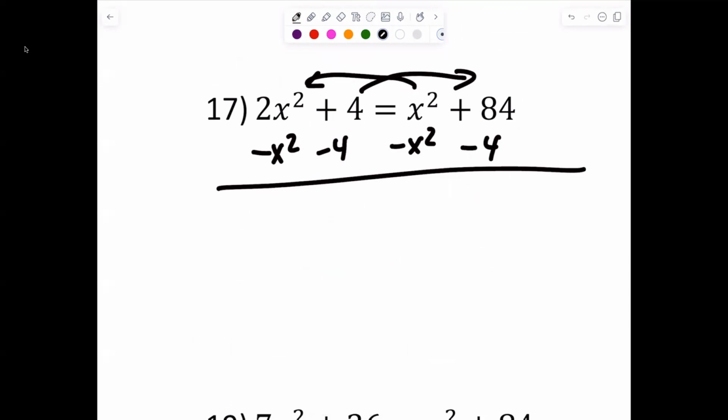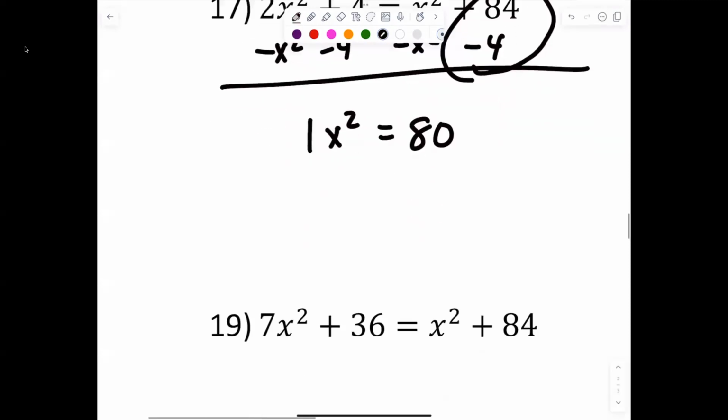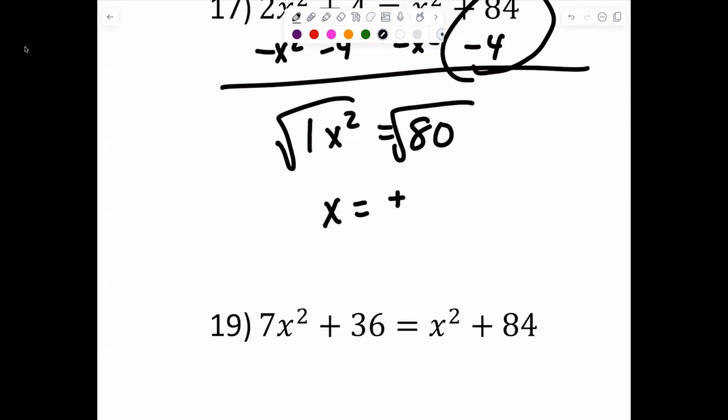Think for yourself. 2 minus 1. 1 what? 1x squared equals, what's 84 minus 4? 80. Now I do what to both sides? Right, so now x is equal to plus or minus.